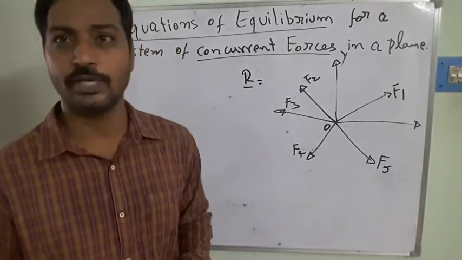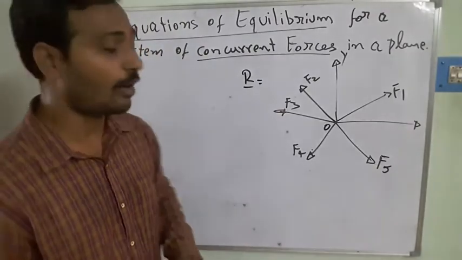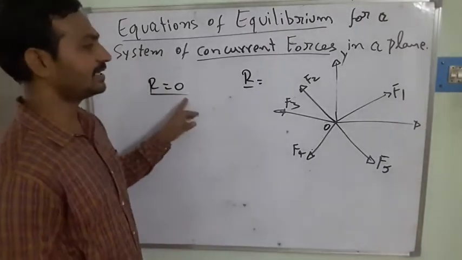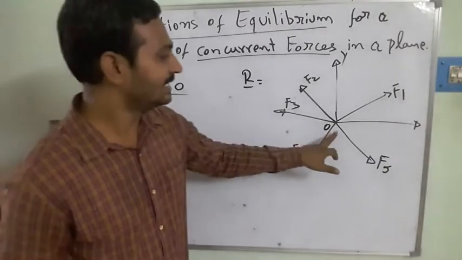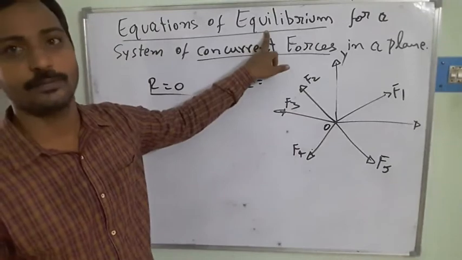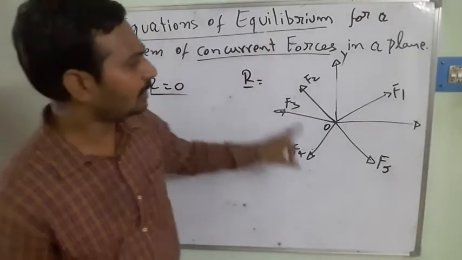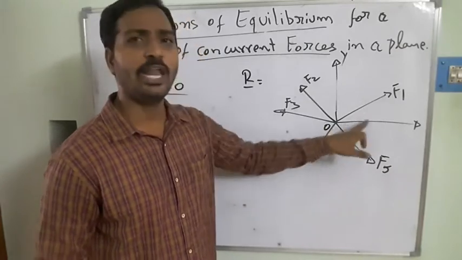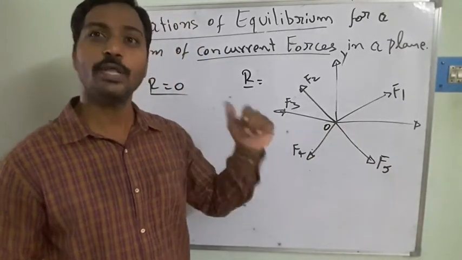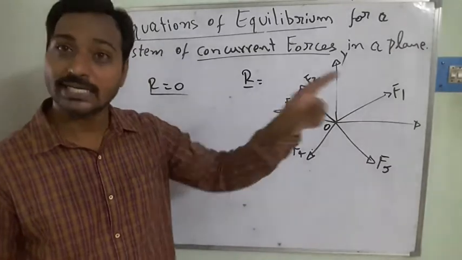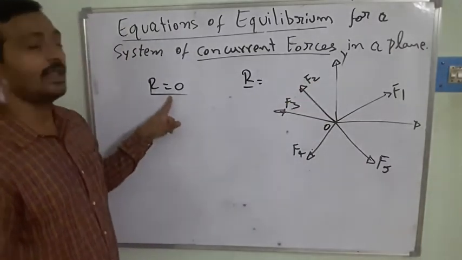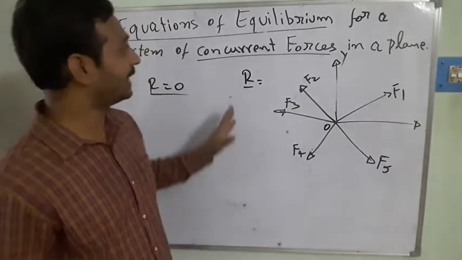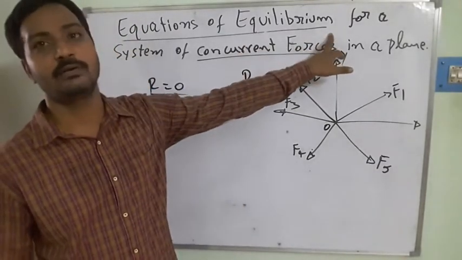But if the resultant component is 0, then we can say the system is in the equilibrium condition. All the forces are acting, and the particle may not move due to any of these 5 forces individually, but it will move in the resultant component direction. If the resultant component itself is 0, then the system is at rest or in continuous motion. Then we can say that is the equilibrium condition.